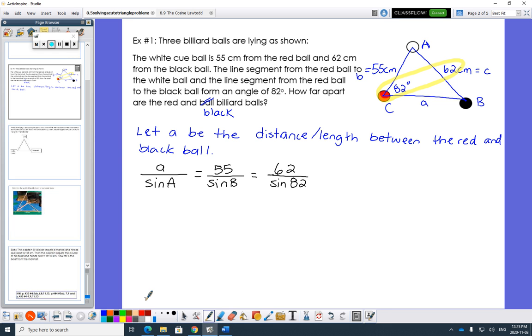Or you have to have, when you have a triangle that is not right angle, you have 2 choices, sine law or cosine law.